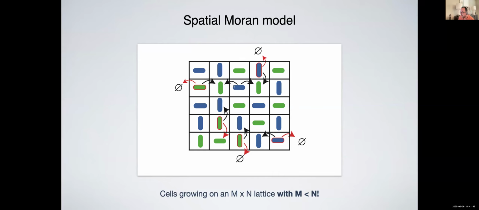If a horizontal cell divides, it will displace cells to the left and to the right. And if a vertically oriented cell divides, it will displace cells to the top and to the bottom. Cells at the boundary are going to go into the channel and be carried away and disappear from the population. This is how you keep a constant population. And this is essentially a simple lattice model.